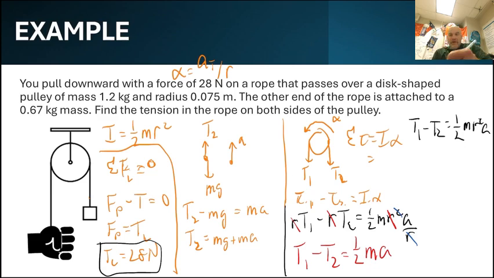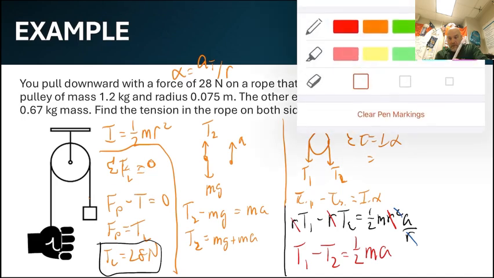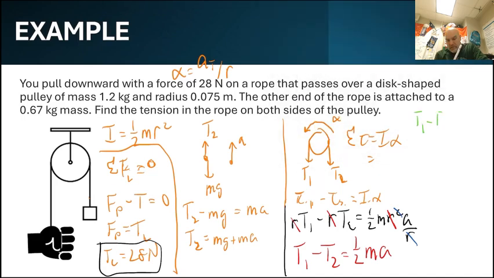Now, where we go from here is up to you on how you want to solve this. I can figure out, notice that MA is T2 minus mg. I can substitute that over here.